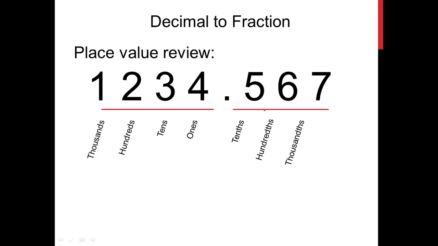So remember, the number before the decimal will start on the ones place, but the number after the decimal will start on the tenths place. Okay, so please take note of this place value because this is very important for us to convert decimal to the fraction form.